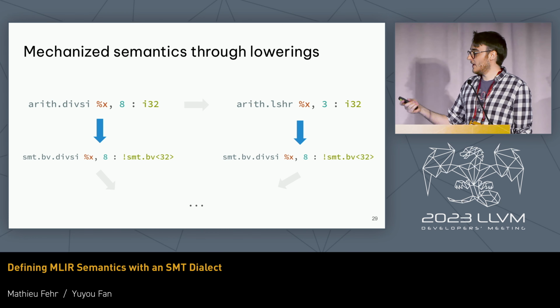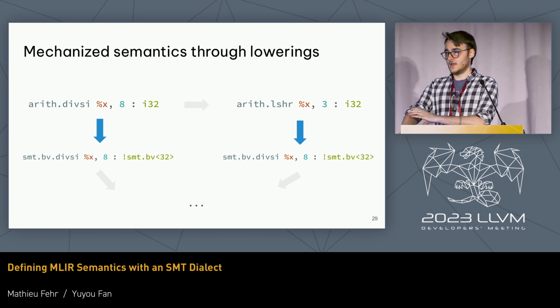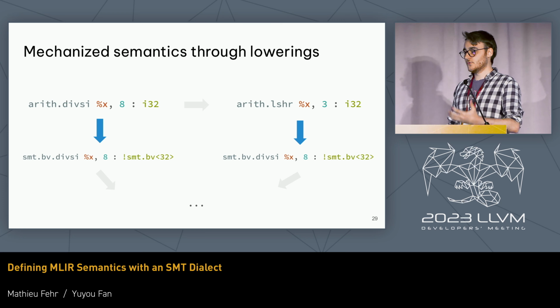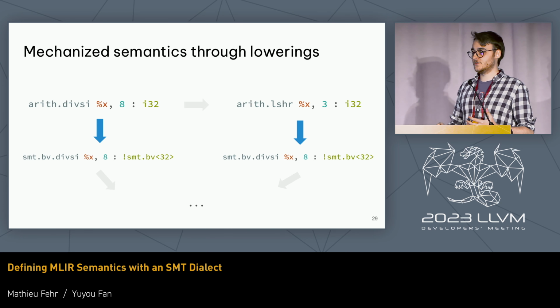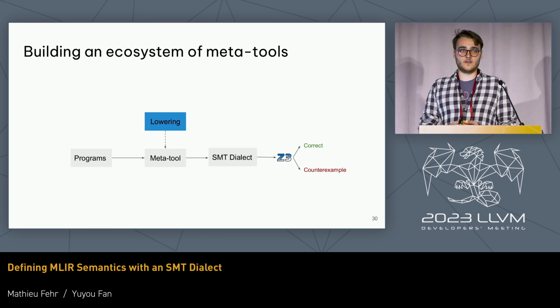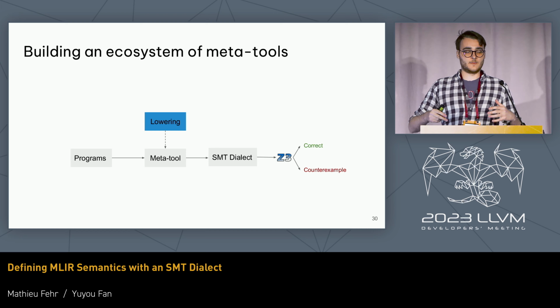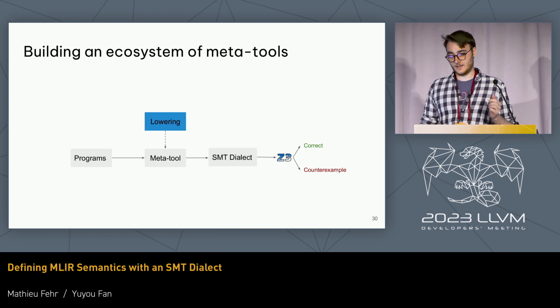Then you would combine those two programs to check whether they're equivalent or not. With these new lowerings, you can provide new meta tools. The tool I presented before, for instance, would be a new meta tool using both the programs and the lowerings as input.